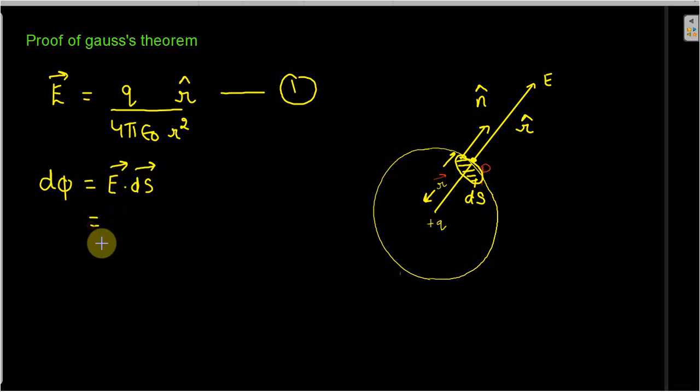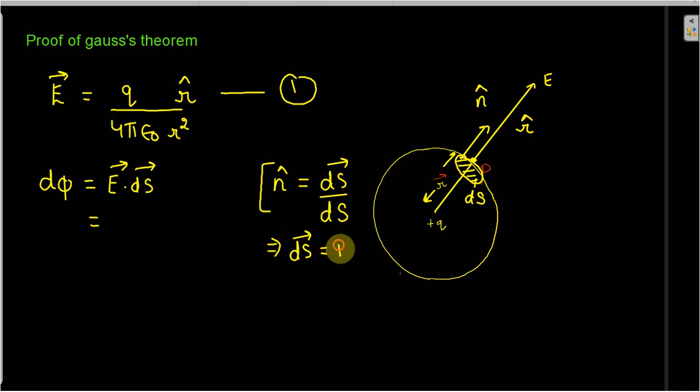Now we have to substitute the value of E from equation 1 and the value of ds. We know n is the unit vector of the ds surface. ds is your area element and n is the area vector direction. So we know a vector can be expressed as its magnitude times the unit vector, so you can write ds is equal to n cap ds.